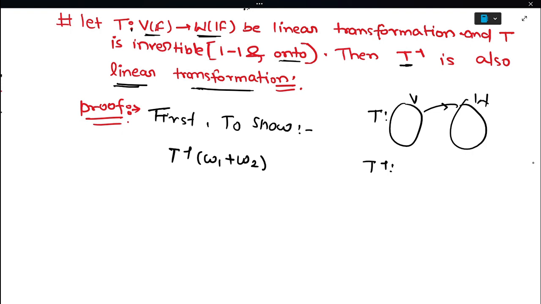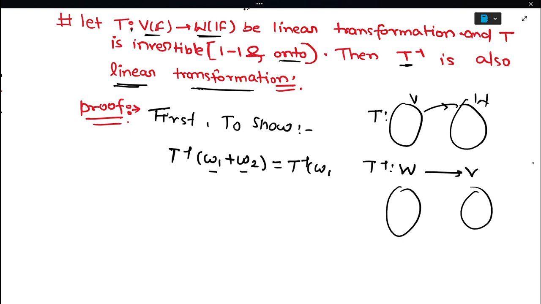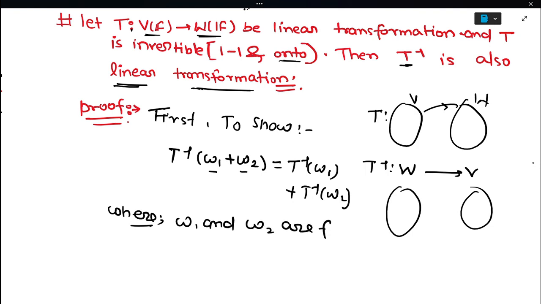T inverse will be from W to V, and it is a linear transformation from W to V. So we have taken two elements W1 and W2. Firstly we have to show T inverse of W1 plus W2 equal to T inverse of W1 plus T inverse of W2, where W1 and W2 both are from vector space W.